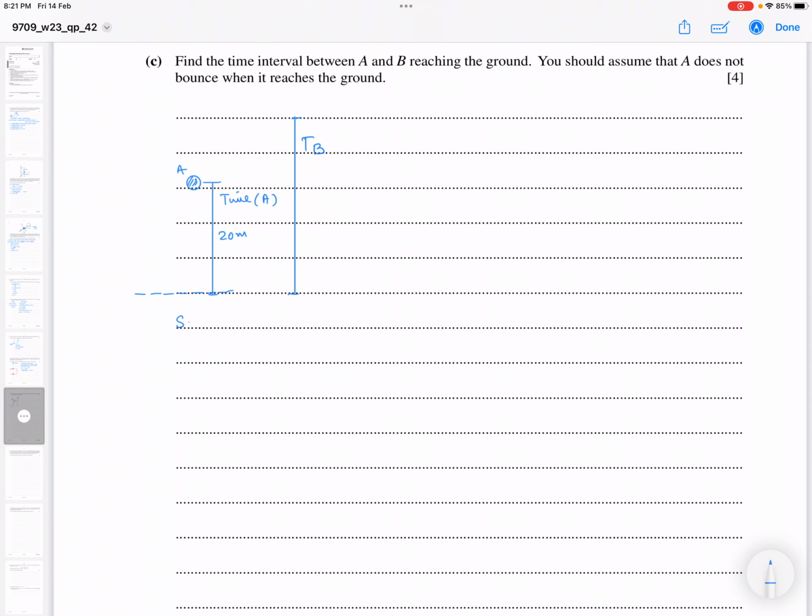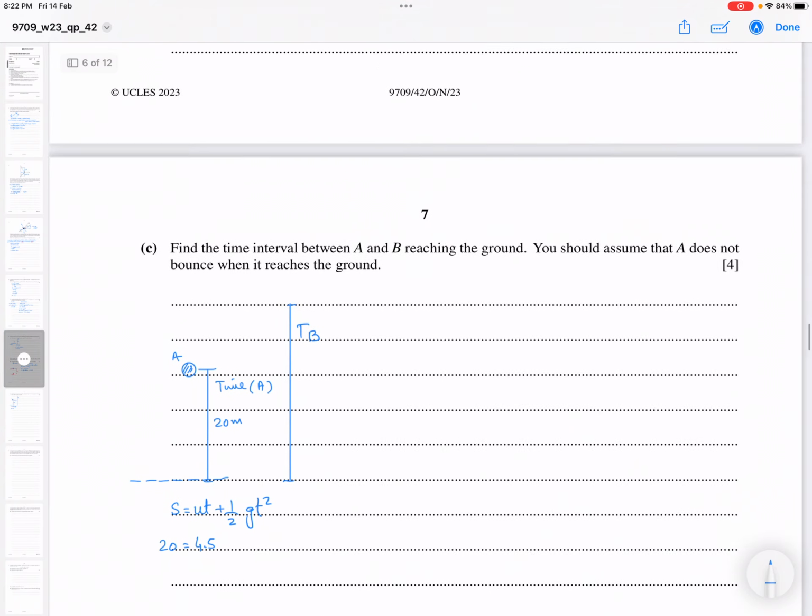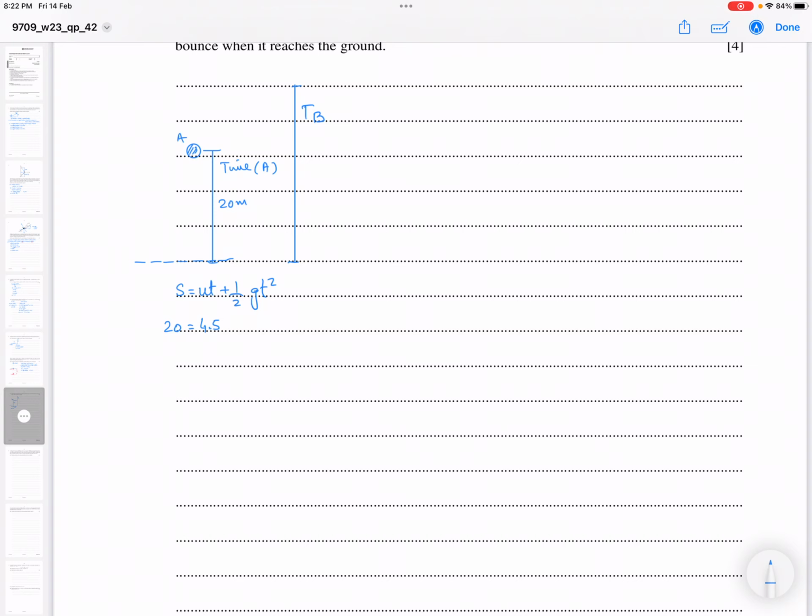So S is equal to ut plus half gt squared. S was 20 and initial velocity was 4.5, which we just found in this part, and t is going to be calculated, plus half g, which is 10, and t squared. So when you simplify this, you multiply the whole equation by 2, so you get 40 equals 9t plus 10t squared, and further simplification gives 10t squared plus 9t minus 40 equals 0.